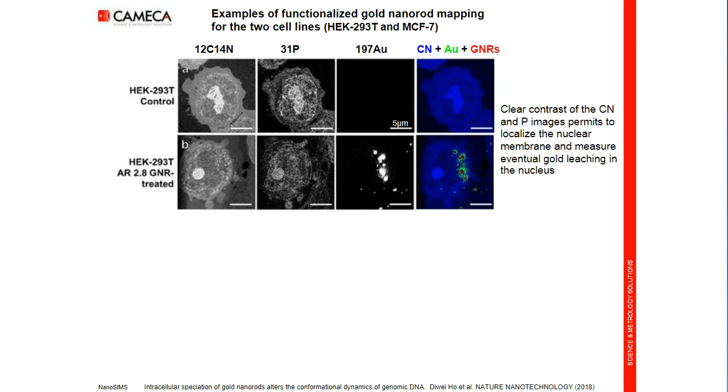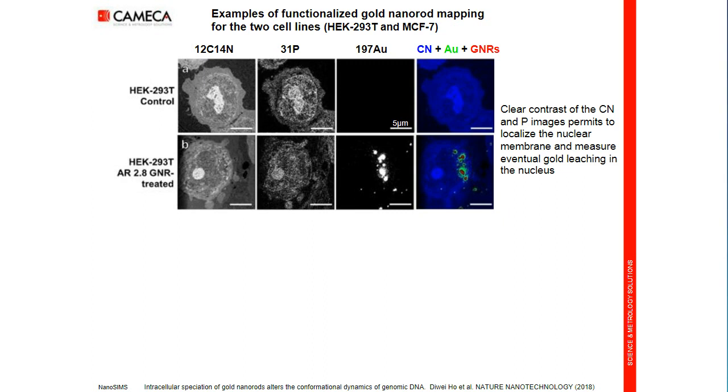On the top row, you see the control, and as expected, you don't see any gold in the cell, no nucleus. In the treated cells, you see in red and green the nanorods that are internalized, but just staying outside the nucleus membrane.